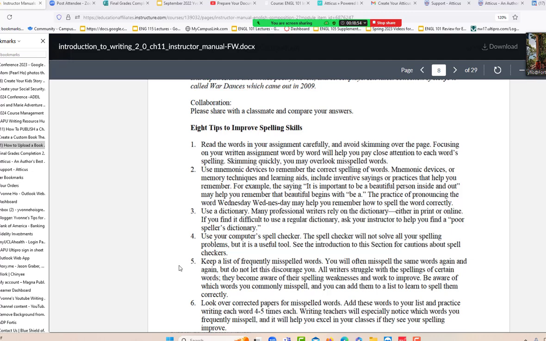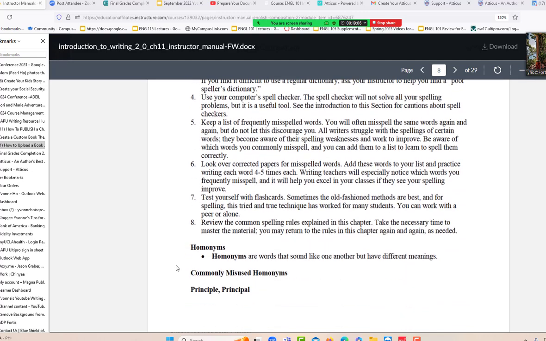Keep a list of frequently misspelled words. You will often misspell the same words over and over again. All writers struggle with the spellings of certain words. They become aware of their spelling weaknesses and work to improve. Be aware of which words you commonly misspell, and you can add them to a list to learn to spell them correctly.